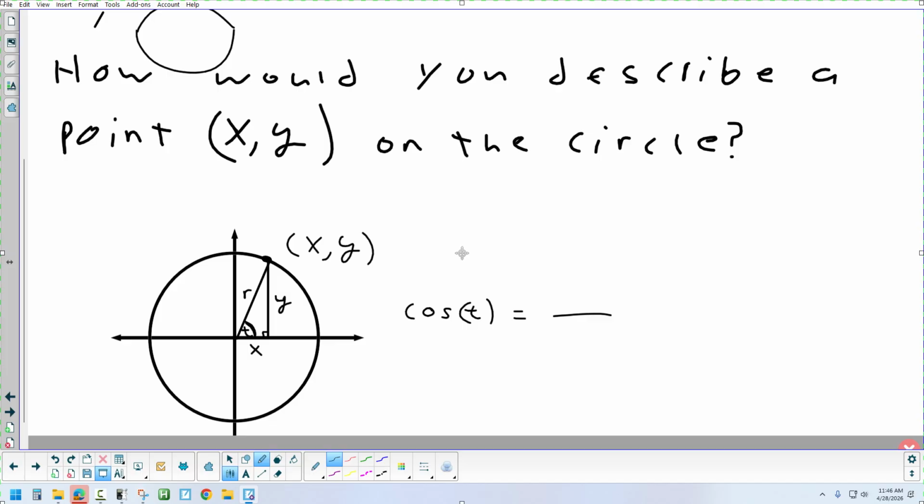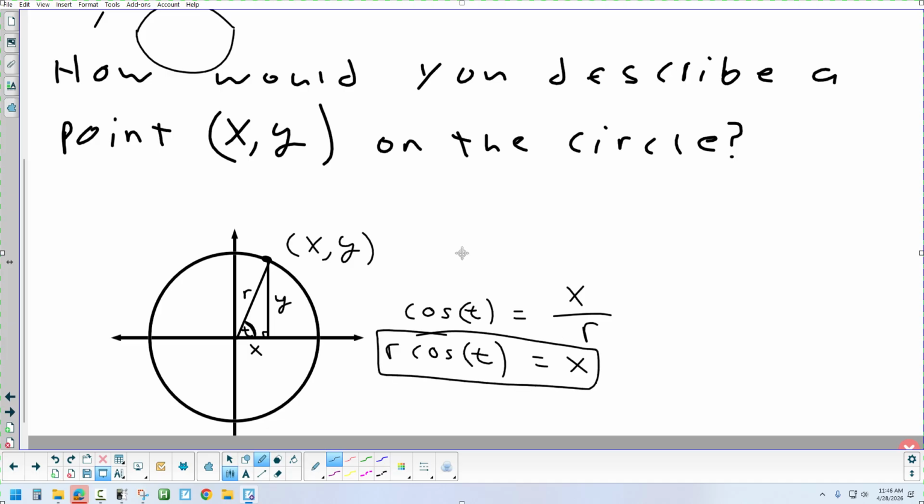Oops, x over r. And now solve that for x. How would we move the r to the other side? Multiply both sides by r. So if you want to graph a circle, that's the formula you have to type in for the x.